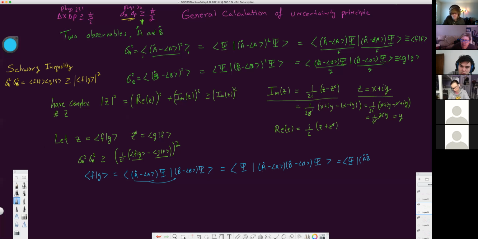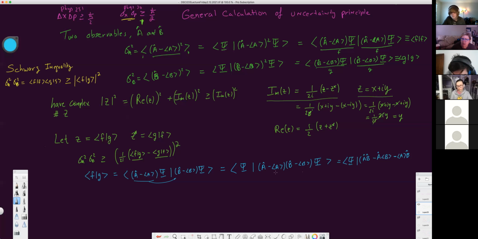And then I have negative A hat times the expectation value of B. I don't have to worry about the order there, because the expectation value of B is just a number, like 3. So A hat times the expectation value of B. And then I have the minus expectation value of A times B hat. I don't have to worry about the order there either.